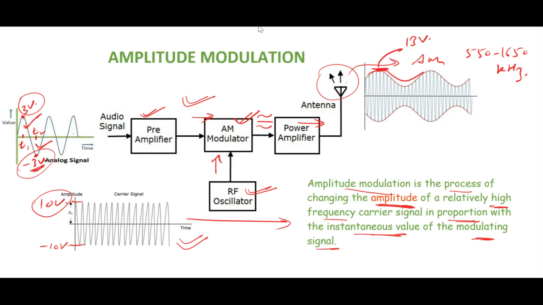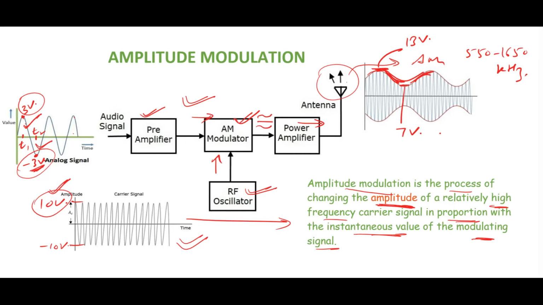So this minus 3 will get subtracted from the 10 volts, and we'll get 7 volts at this place. Likewise, you can calculate all the intermediate values of amplitude for this AM wave, considering that particular instant of time. Now let us try to understand this with the help of vectors and phasor diagrams.